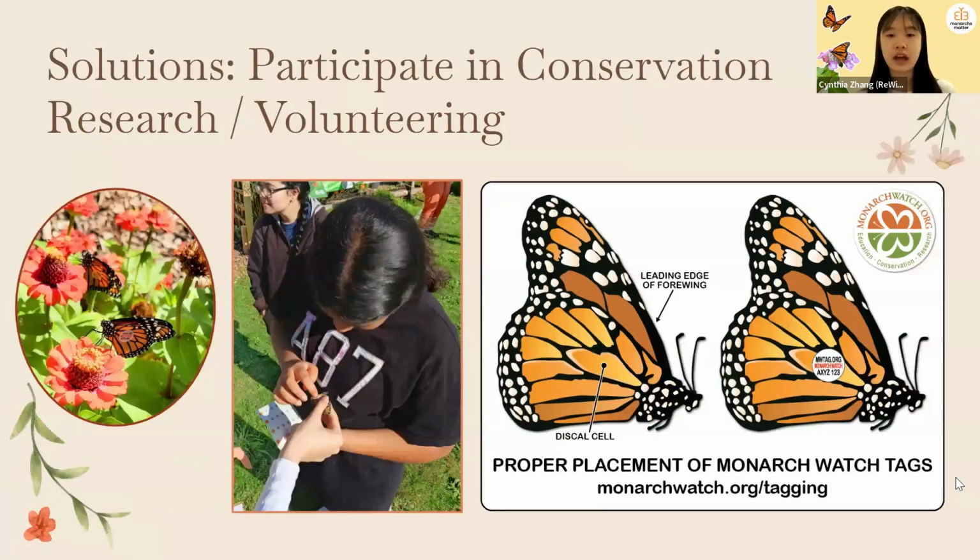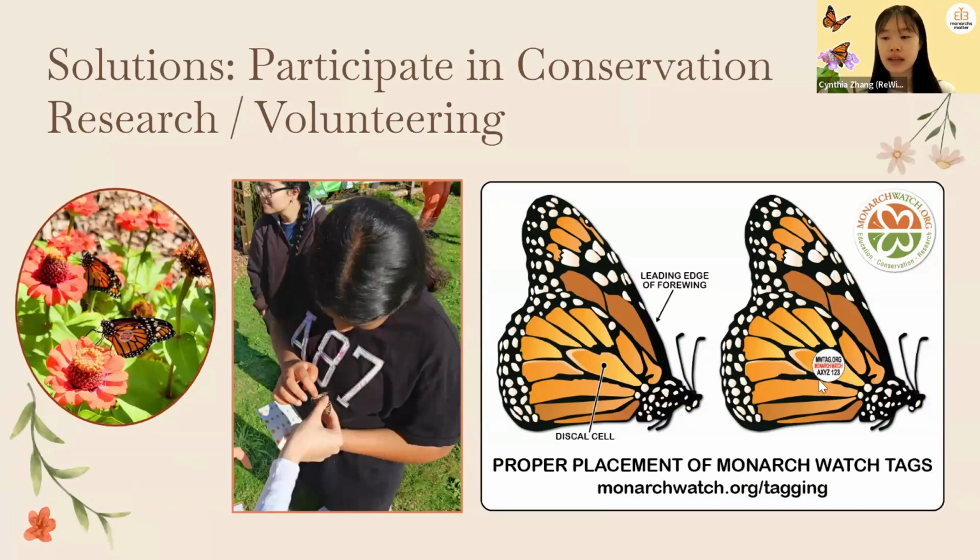And then the second solution I would like to discuss is participating in conservation research and volunteering. So here you could see the Monarch Watch tagging program, which is where citizen scientists could tag monarch butterflies, which helps scientists in Mexico conduct research to further understand the monarch butterfly migration.